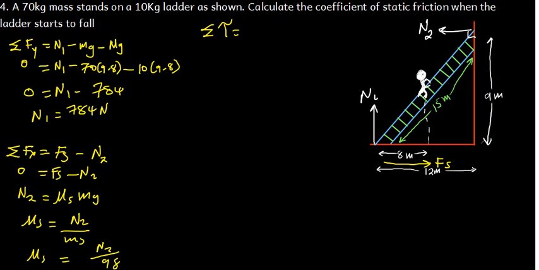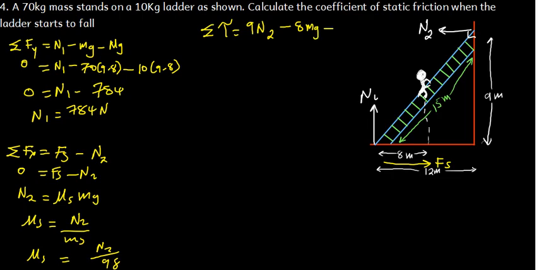So that will just be 9 multiplied by N2. Now those going in the other direction, we have minus the weight of the person here. We can see it's making 90 degrees to the surface, and the distance here is 8. So we can just use 8 times the weight, which is mg.